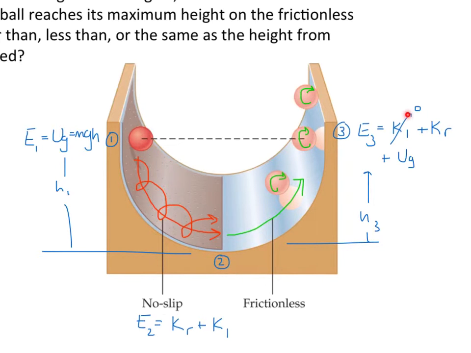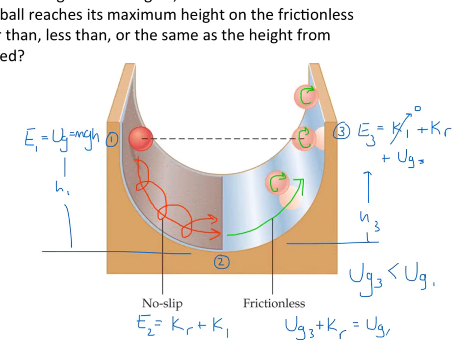So therefore, our potential energy due to gravity at 3 has to be less than the potential energy due to gravity at 1. Why? Well, because you've got this potential energy due to gravity at 3, plus it still has this rotational kinetic energy. So I probably should have written it like this: Ug at 3 plus K rotational at 3 equals the potential energy due to gravity at 1.